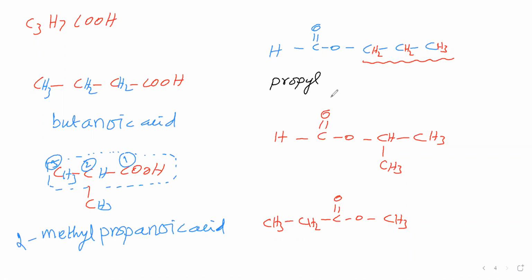Then the left side contains 1 carbon, so meth, primary suffix en, and secondary suffix oate. In the primary suffix en, the last letter E is dropped, and the secondary suffix for ester is oate. Therefore, it is called propyl methanoate.